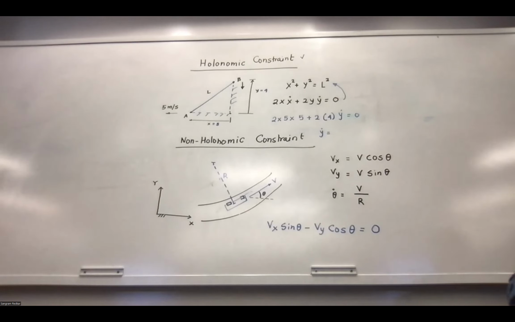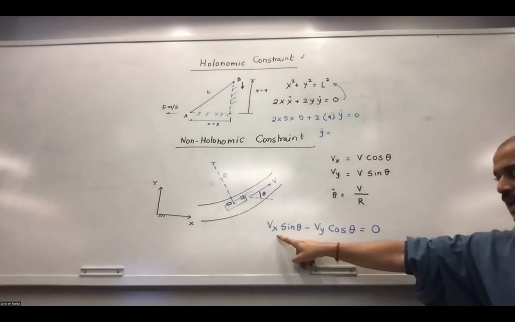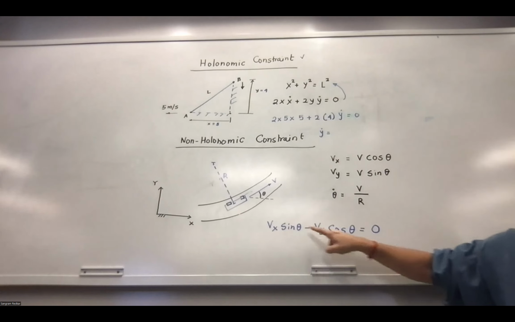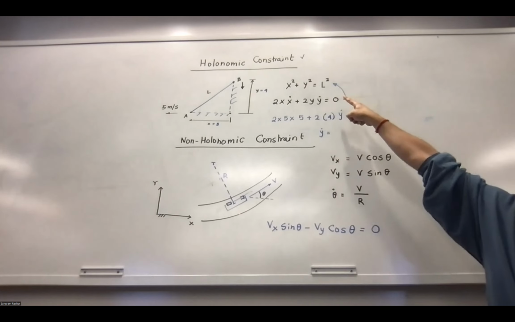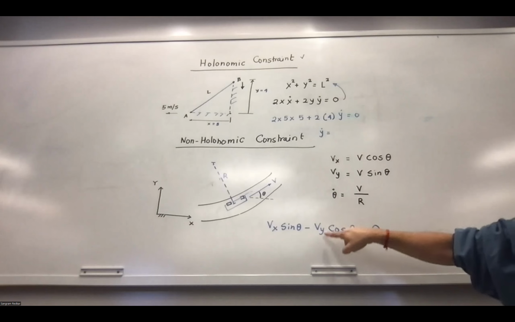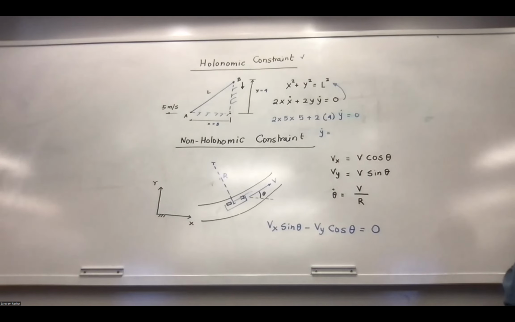I will give you a minute to think about it. I cannot integrate this equation and get the relationship between x and y like that. That's why this constraint is a non-holonomic constraint. Everyone understood this?